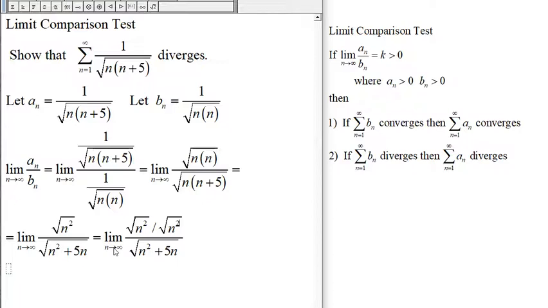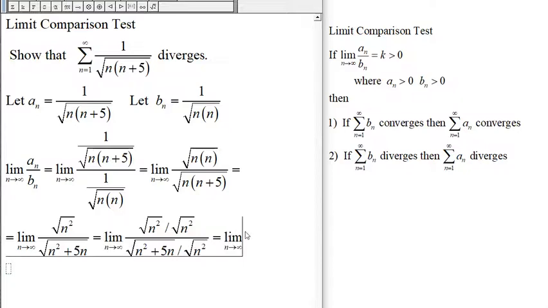Since n is approaching positive infinity, we don't have to worry about negative or anything here. So this is equal to 1. And then here we can combine them. So this is the same as this.